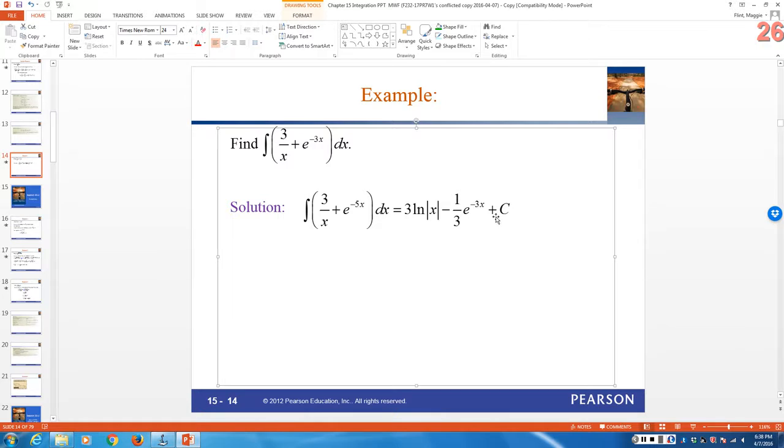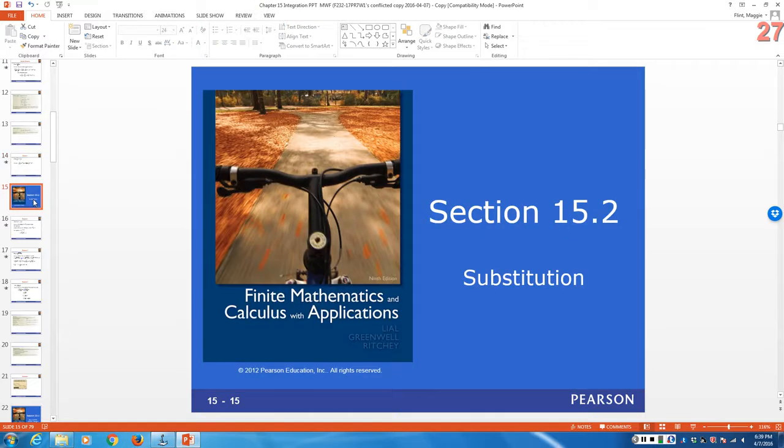And don't forget to put your constant of integration on the end. Not because it's a huge, big, terrible deal, unless you had a reason to need to know what that constant was, but because if you don't put the C on the end of it, then my math lab's going to count it wrong. So if it says that's not right, look carefully and make sure you entered your C at the end of the integral. And believe it or not, folks, that's all there is in the first section.